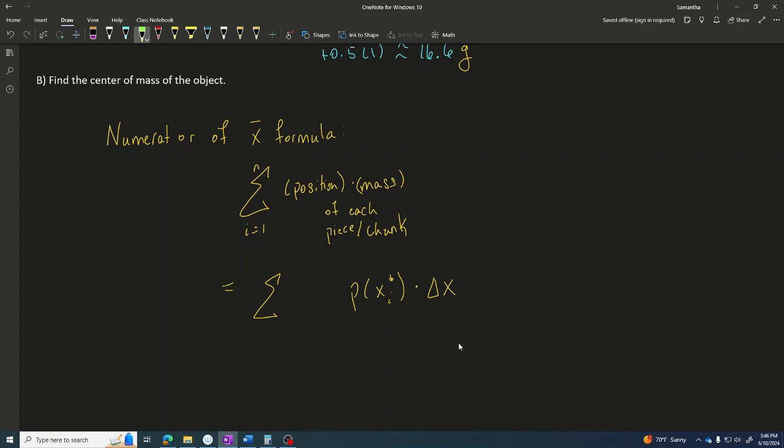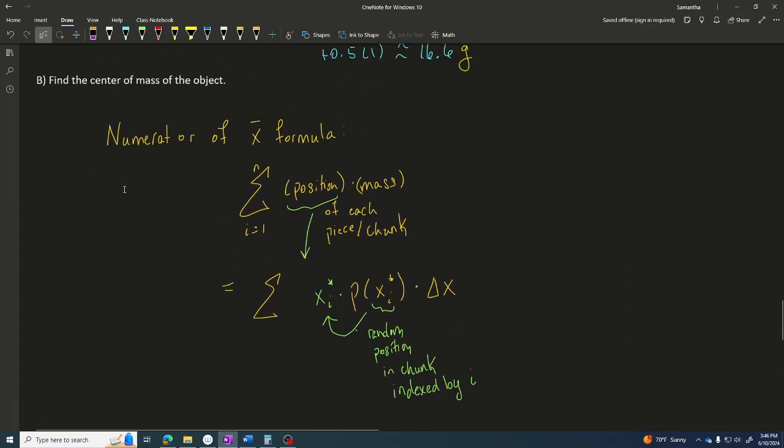And since xi star already represents a random position in the chunk which is indexed by i, we can use this same expression to replace the position portion, xi star, that is part of the numerator of the center of mass formula.